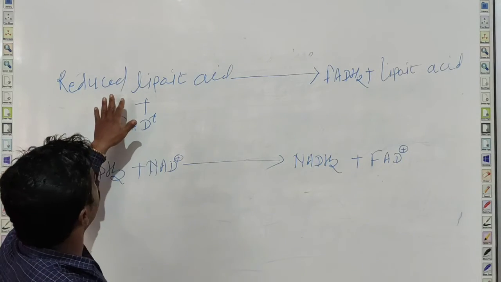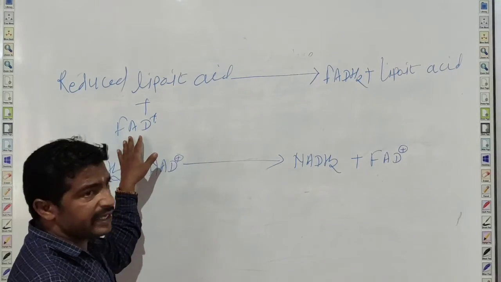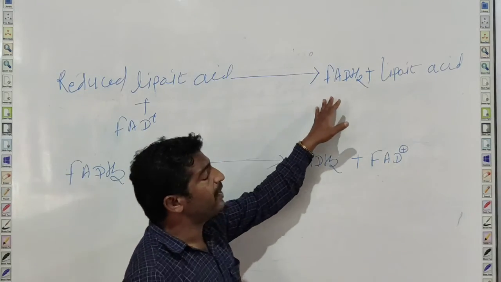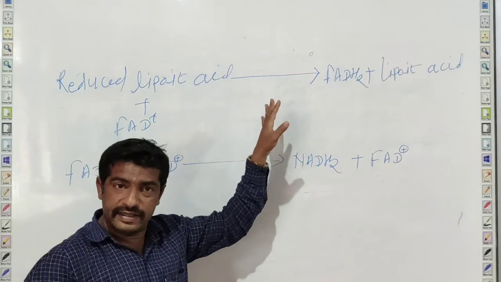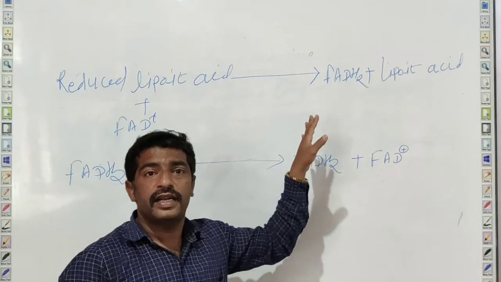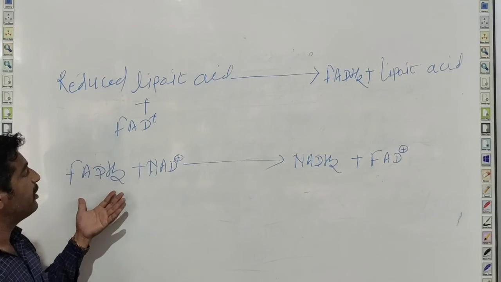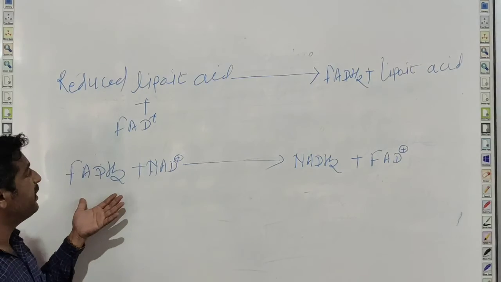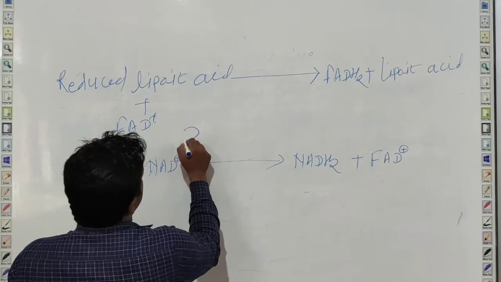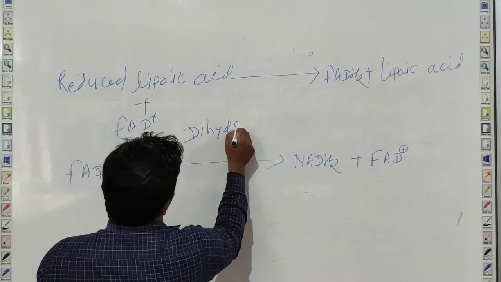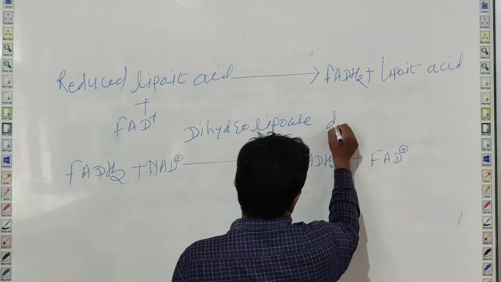The transfer of protons from reduced lipoic acid to FAD to form FADH2 takes place in the presence of enzyme dihydrolipoate dehydrogenase. Similarly, the protons and electrons are also transferred from FADH2 to NAD in the presence of enzyme dihydrolipoate dehydrogenase.